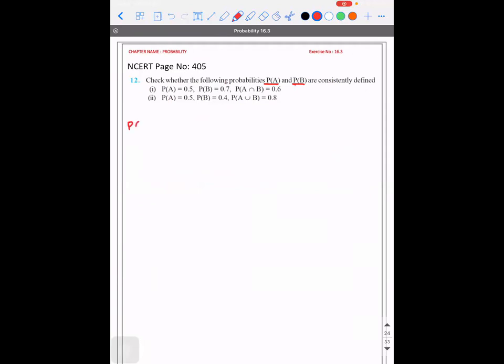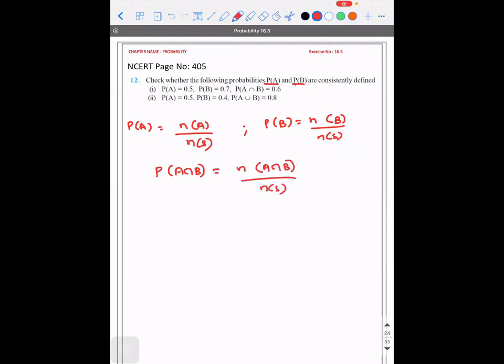See, probability of A is number of elements in A divided by number of elements in sample space. Probability of B is number of elements in B divided by number of elements in sample space. Probability of A intersection B is number of elements in A intersection B by N of S.